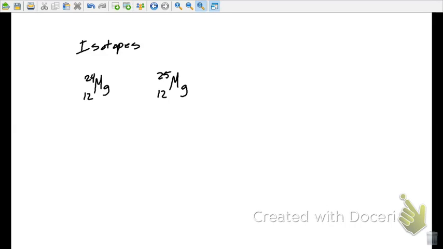Okay, so the 12 indicates the number of protons. If you notice, these two have the same number of protons. The 24 represents the mass number.